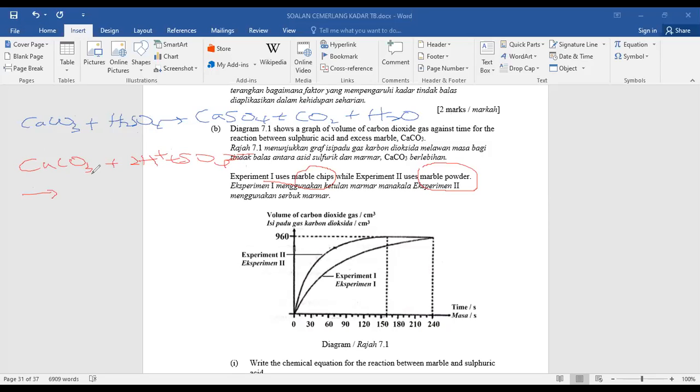On the product side, the calcium sulfate, you put it back. Why? Because it is insoluble. We have already learned it in our short question.